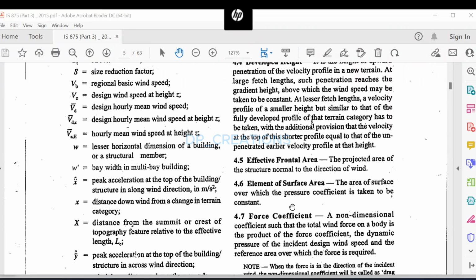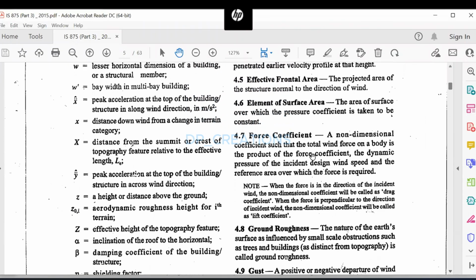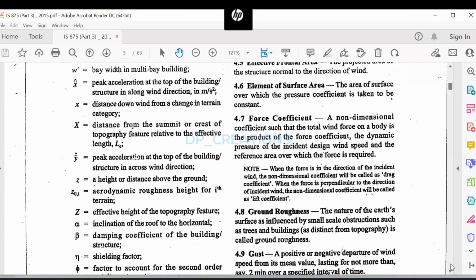Okay, in our case, that influence area, as I showed in the live load, dead load case, will be taken as the surface area for our case. Now force coefficient: a non-dimensional coefficient such that the total wind force on a body is the product of the force coefficient, the dynamic pressure of the incident design wind speed, and the reference area over which the force is required.